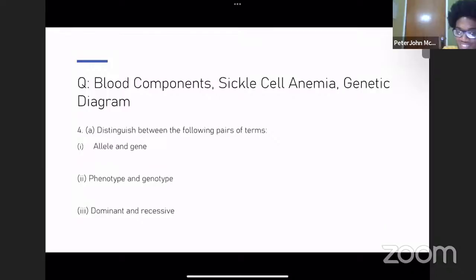Yes, but it's also just a segment of DNA that codes for a specific characteristic. What you said is perfect, but for everybody else, it's just a segment of DNA that codes for a specific characteristic or a specific protein.